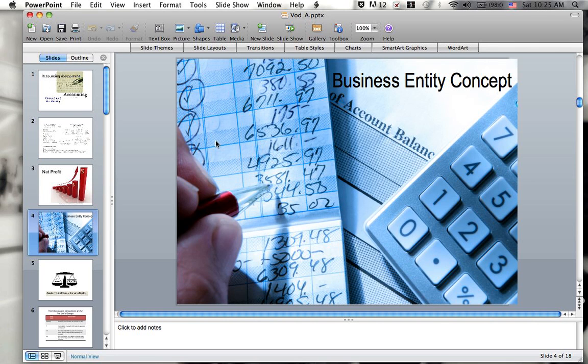For example, if you start a new business and invest $10,000, then it is treated as a liability from the point of view of the business. In the same way, suppose your business manufactures pens, and you take 10 pens, then it is treated as drawings by you, and relevant entries will be recorded in the books of accounts.